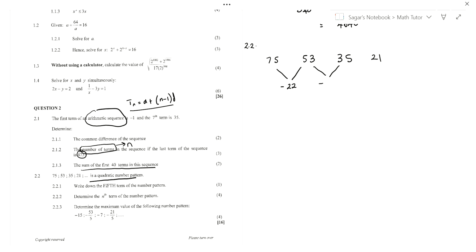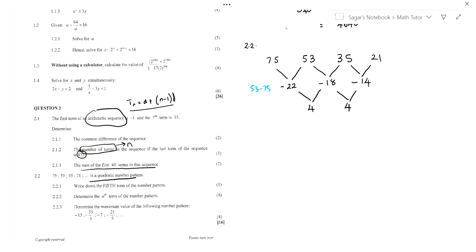Second difference, minus 18. Third difference, I don't know this one. I need to put it to the calculator. Minus 14. Second difference is 4. 4 again.